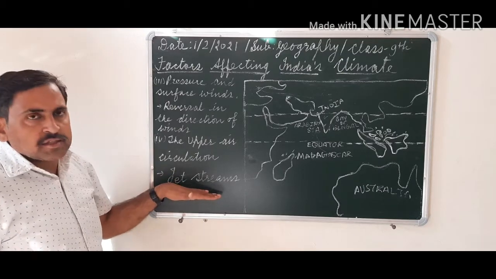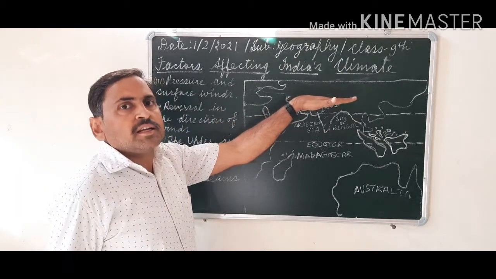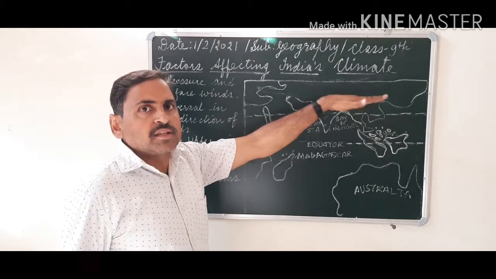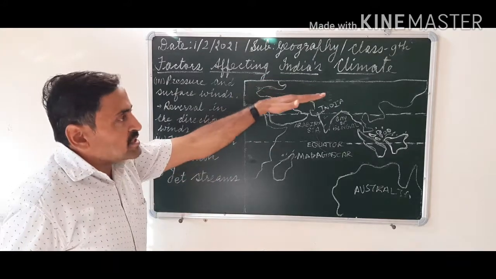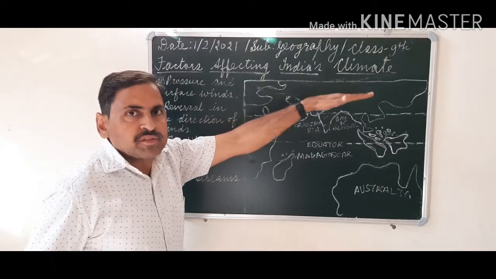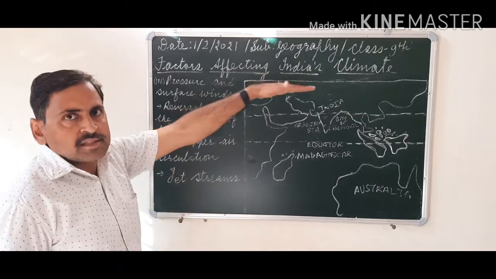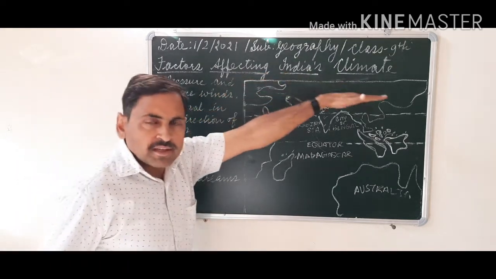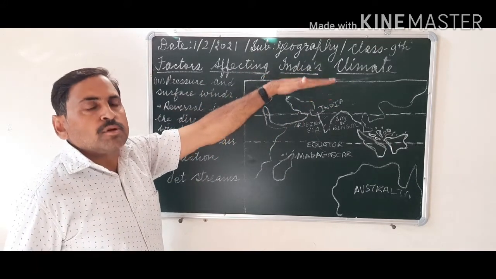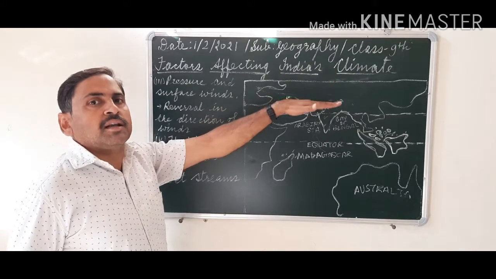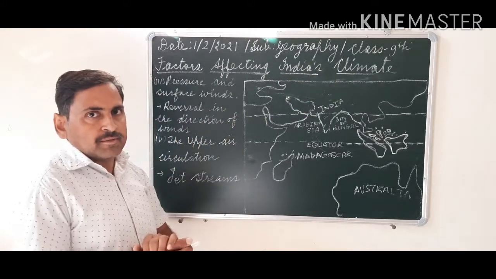As these jet streams blow over 27 degree to 30 degree latitudes, that's why they are known as the westerly subtropical jet streams. The westerly subtropical jet streams are blowing from west to east. So these westerly subtropical jet streams blow south of the Himalayas throughout the year, except in summer.